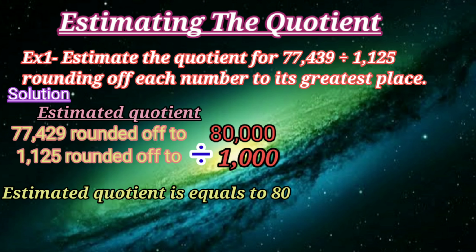Let us try one more example. Let us estimate the quotient to the nearest tens and also find the actual quotient of the given numbers 156 and 17.